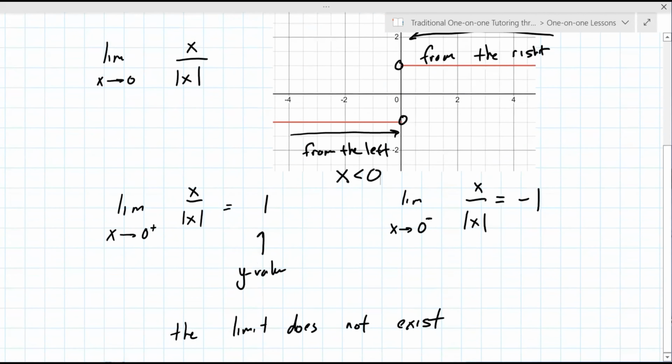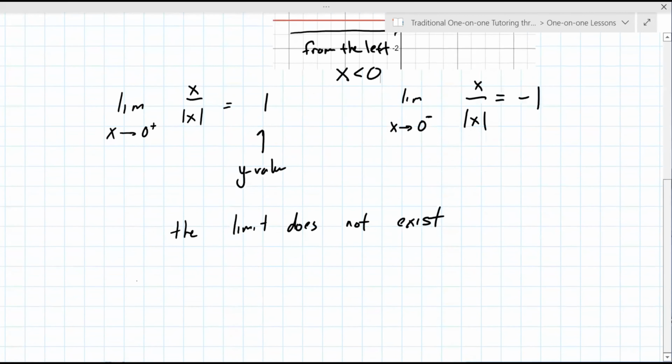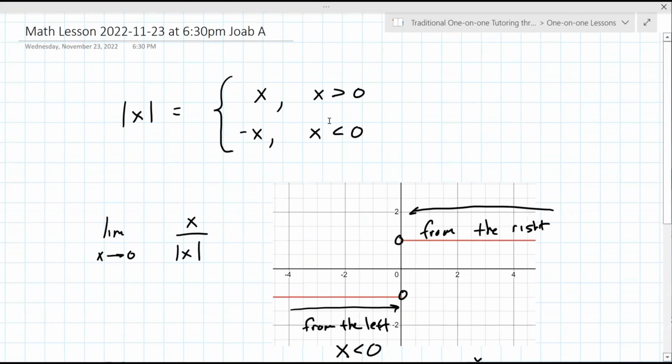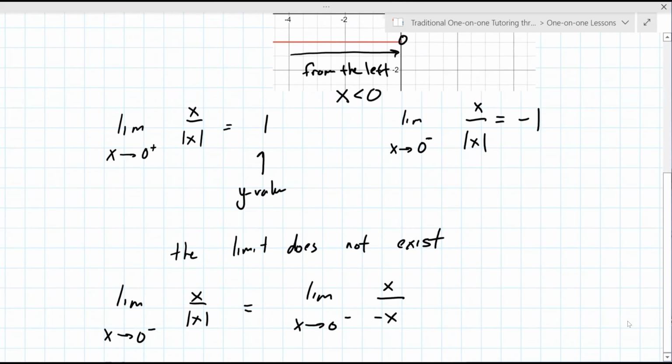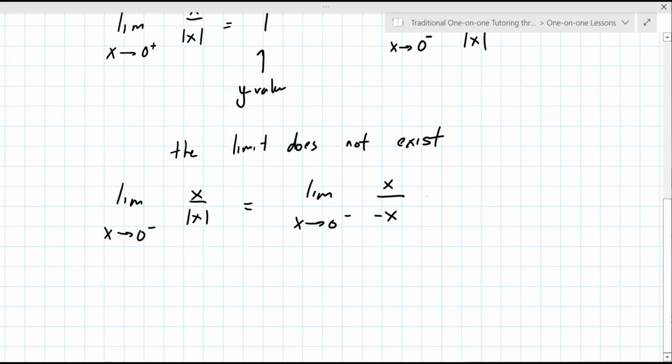So instead of the limit as x approaches 0 of x over absolute value of x, it's really the limit as x approaches 0 from the left of x over negative x. And you're like, wait, why is it negative x? Well, it's because of the way it's defined when x is less than 0. Well, it cancels. So you can cancel out the x's.